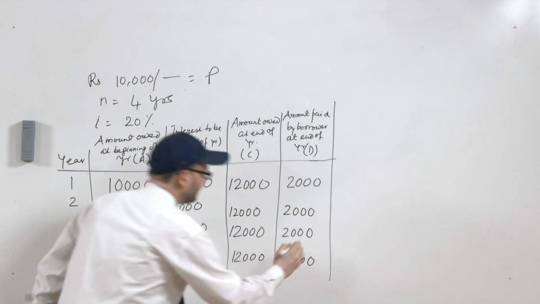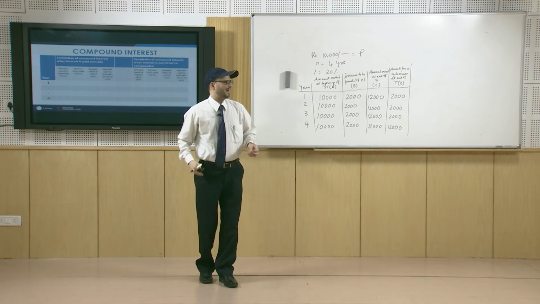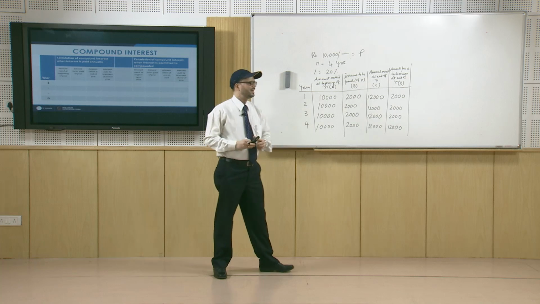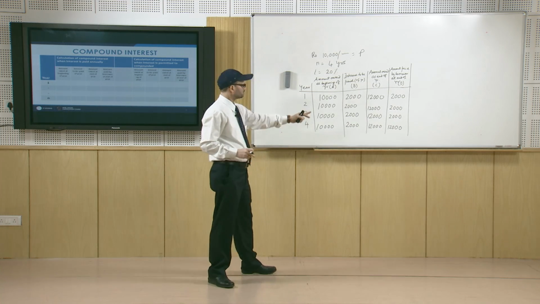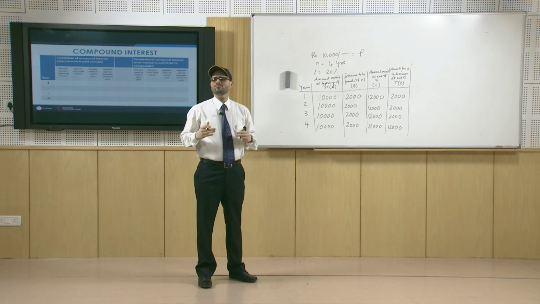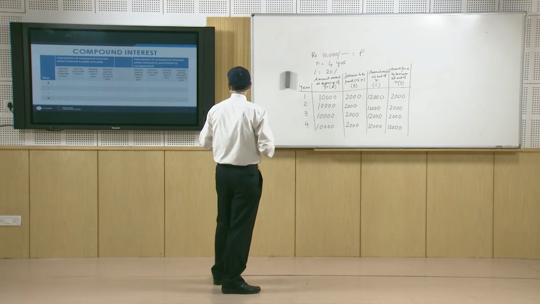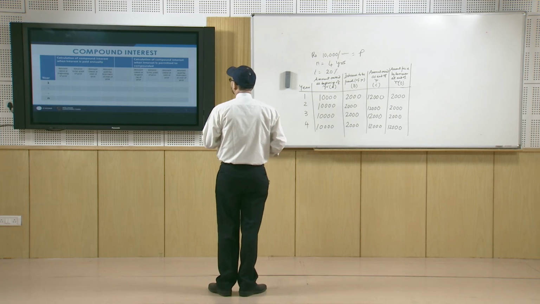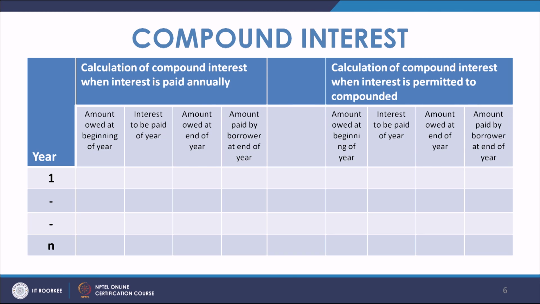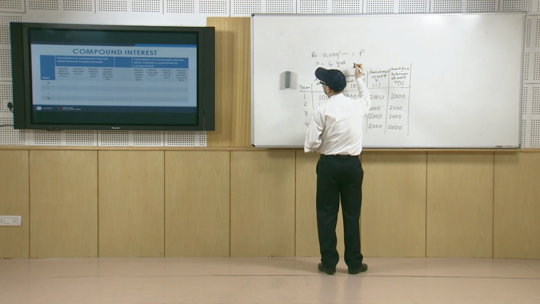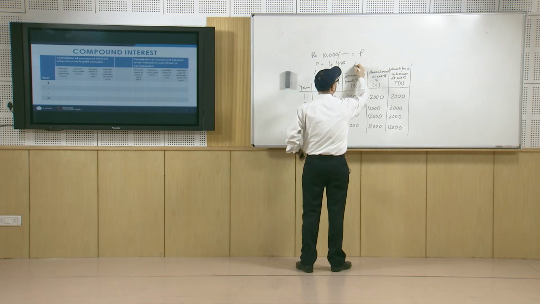So ultimately he is paying 2,000 at the end of the first, second and third year, and he is paying 12,000 at the end of 4 years. Now let us see the second case where he is not paying the interest and the interest is getting compounded. So this is the case where he is paying the interest annually.